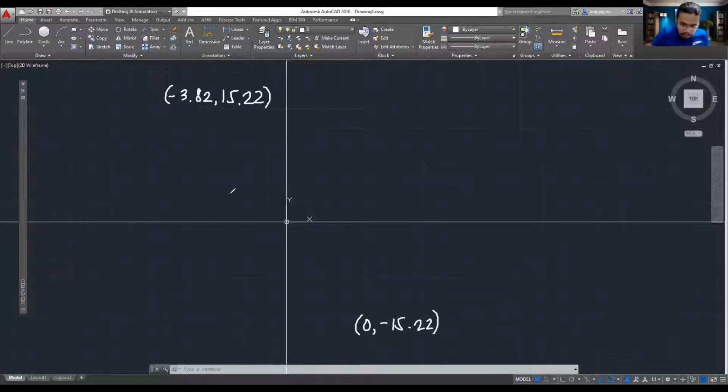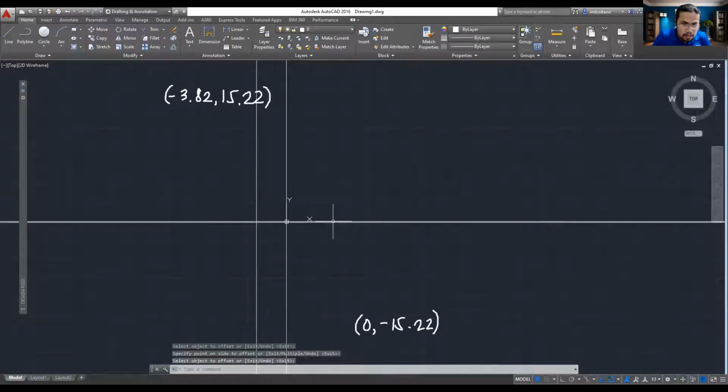Okay, so how do we do that? We have now our coordinate systems. We just have to find those points, the pair of the normal and the shear stresses. Let's try to do that. We have to offset this by 3.82 to the left because it's negative, and we have to offset along the y-axis, up and down by the value of the shear stress, 15.22.